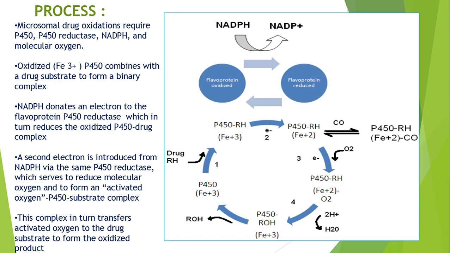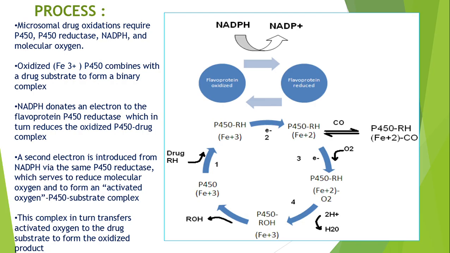Now, how is the biotransformation processed? Microsomal drug oxidations require P450, P450 reductase, NADPH, and molecular oxygen. Oxidized Fe3+ P450 combines with a drug substrate to form a binary complex.